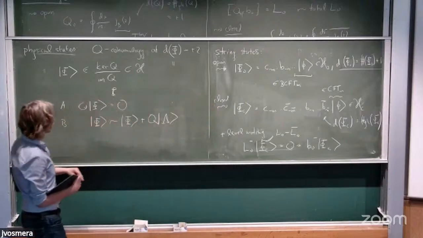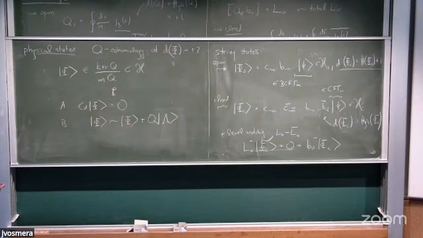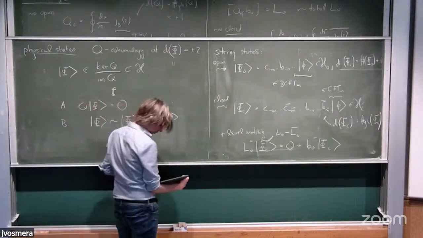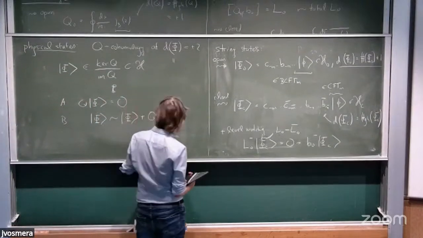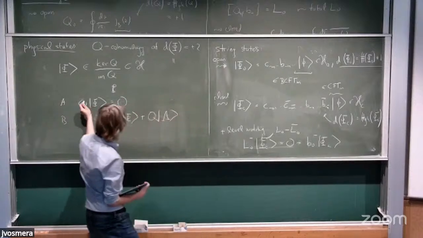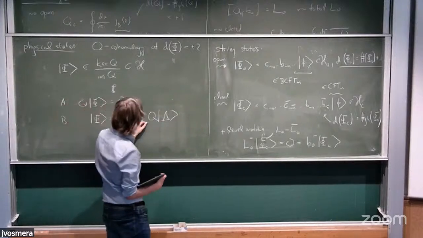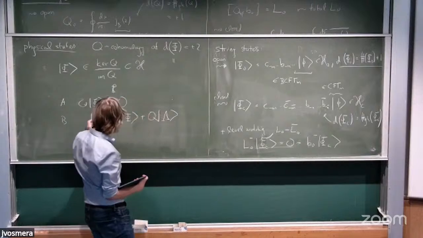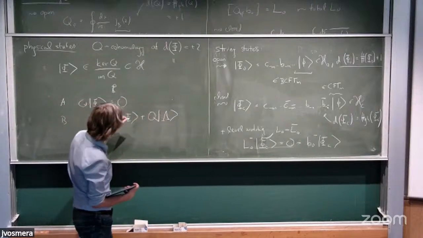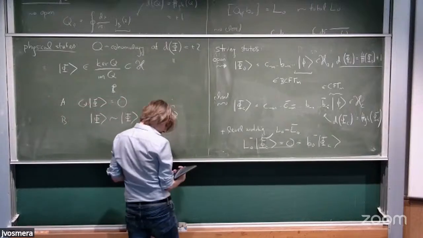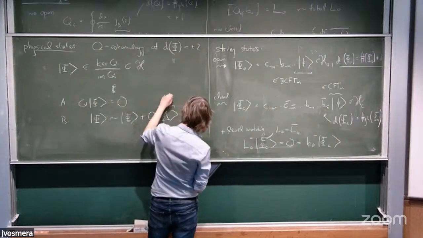So these two string states will be giving rise to the same physical state of the string. Well, we remember that Q has degree +1, and in total phi has to have degree +2. So lambda is now any string state with degree +1.